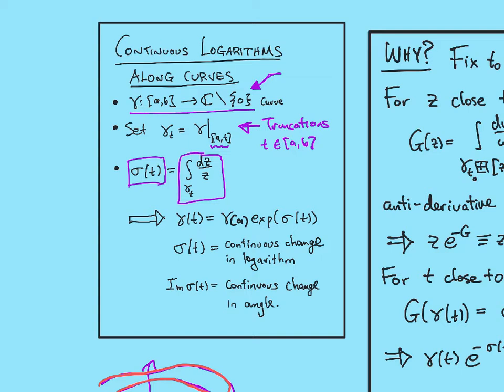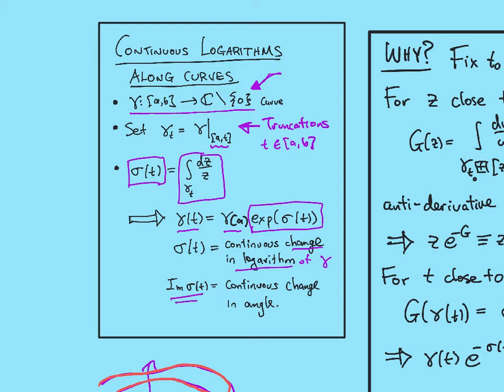And what we're going to show is that gamma of t will equal gamma of a times the exponential of sigma. And so sigma is basically a continuous change in the logarithm of gamma.